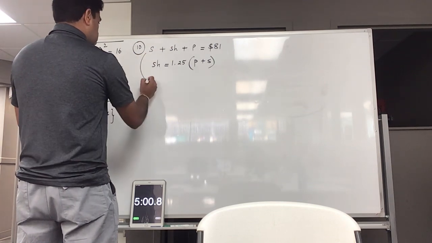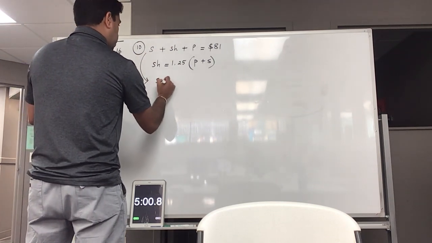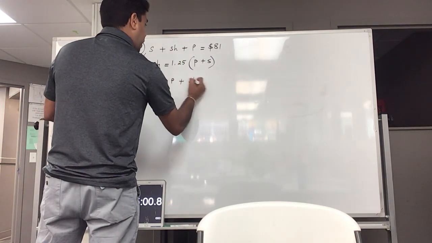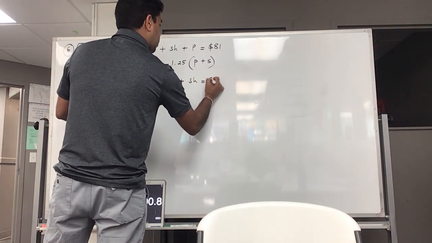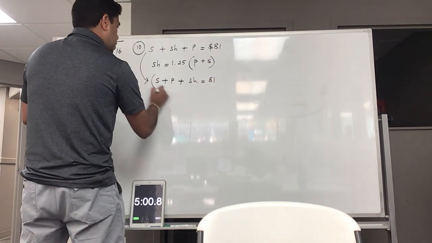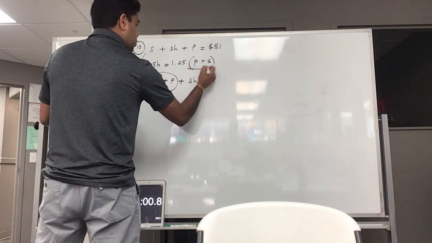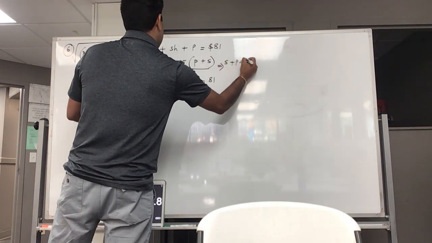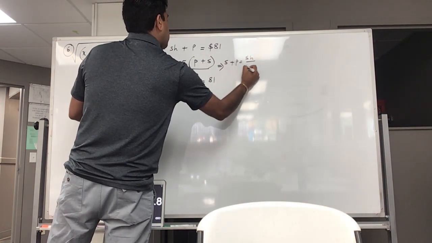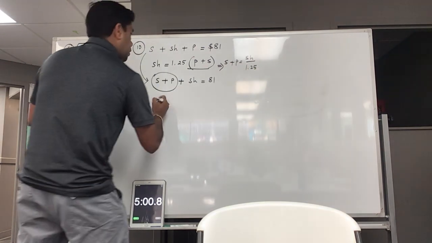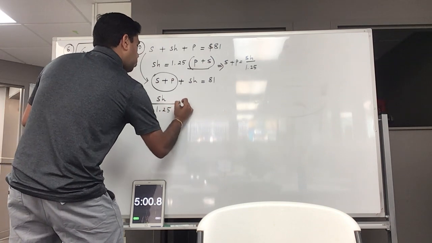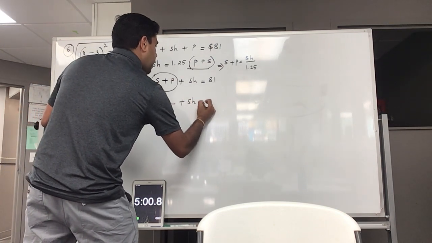So we have S plus P, which is these two, plus the shoes, adding up to $81. So S plus P is equal to shoes divided by 1.25. So shoes divided by 1.25 plus shoes is 81.